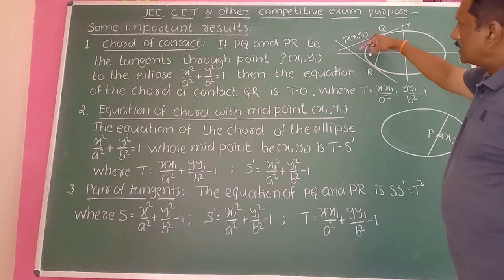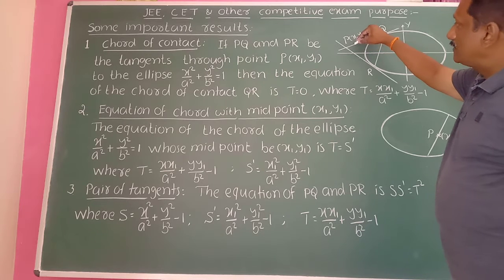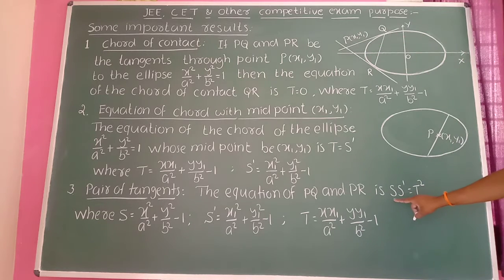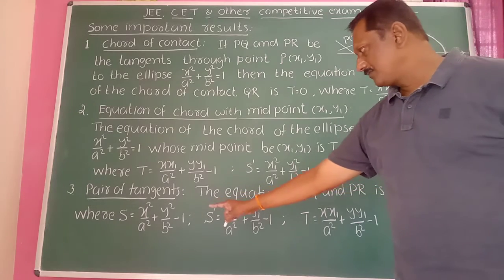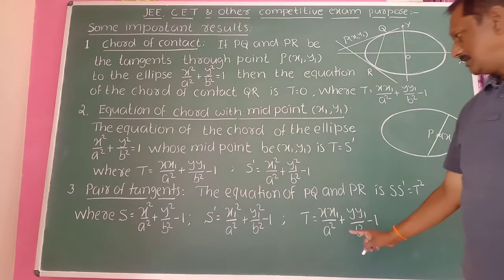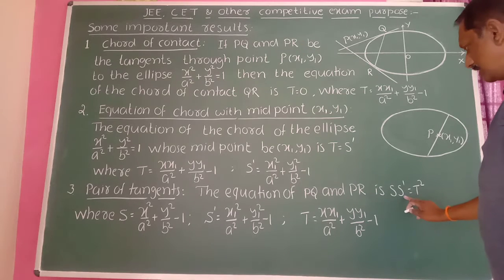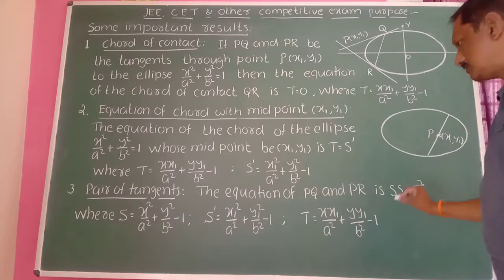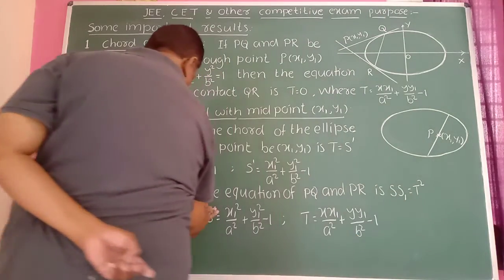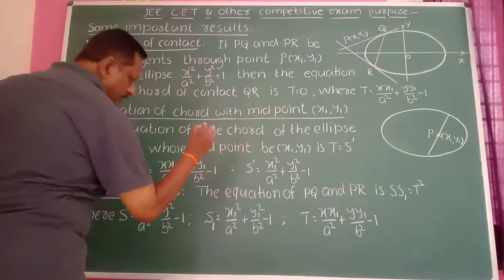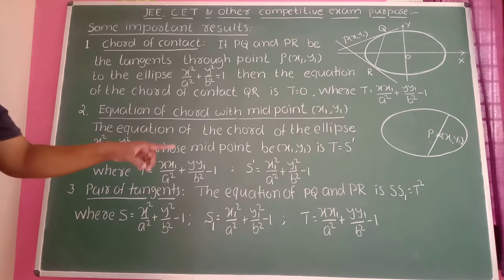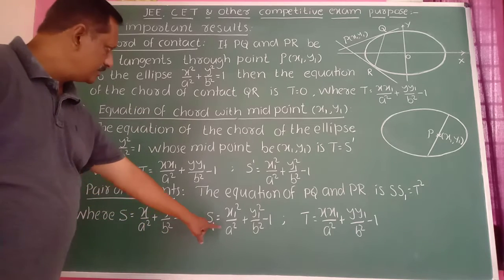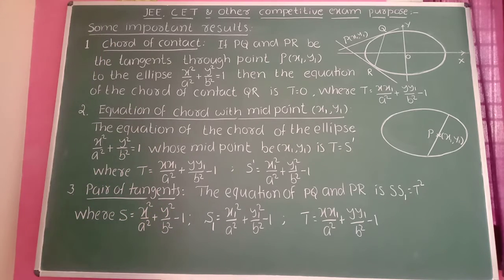The combined equation of these two tangents is given by SS' = T², where S is this one, S' is this one, and T is this one. Sometimes we can take S1 instead of S'. Even here we can take S1 also.